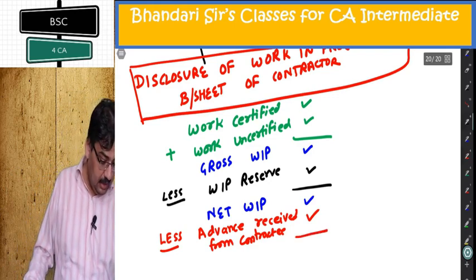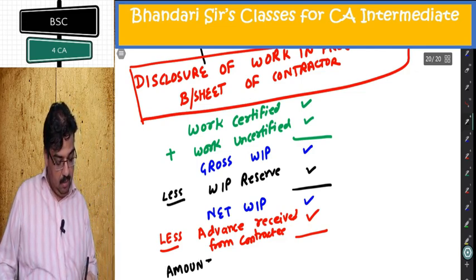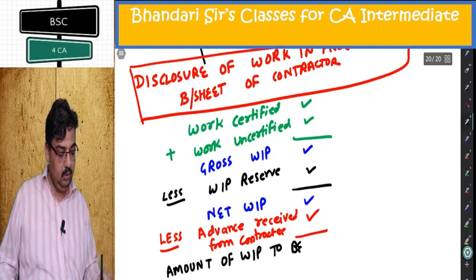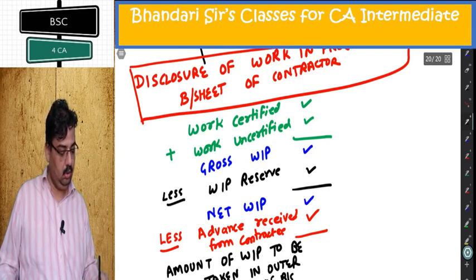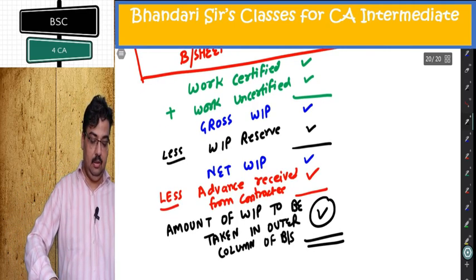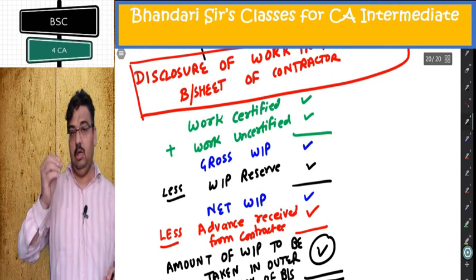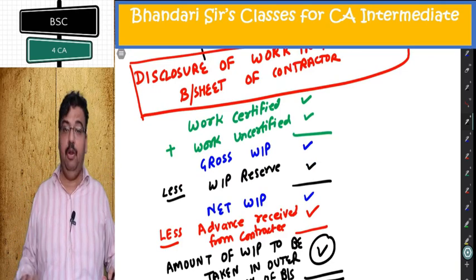Now, after this balancing figure, you get the amount of WIP to be taken in the outer column of the balance sheet. So basically there are three stages to follow. Work certified, which involves profit.